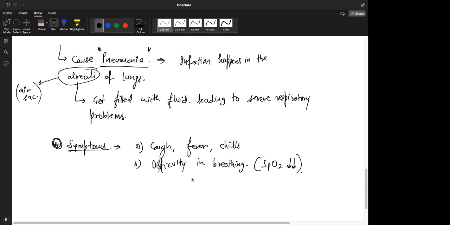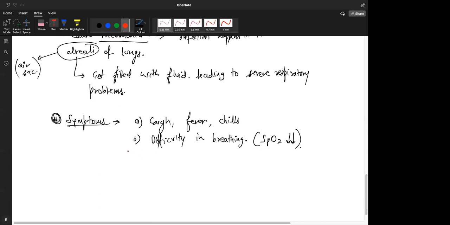So the symptoms are difficulty in breathing, and in severe cases, let's come to severe symptoms. I'm writing all severe symptoms in red. In severe pneumonia, oxygen is so low in the body that it causes the lips and fingernails to turn bluish or grayish.